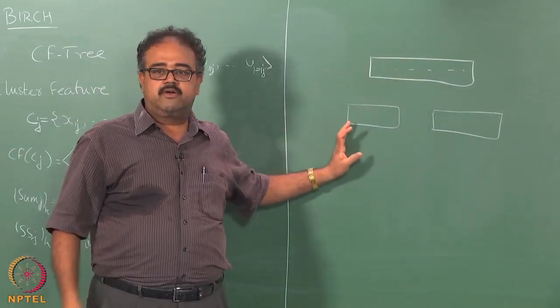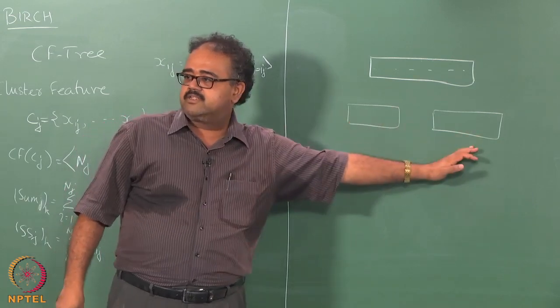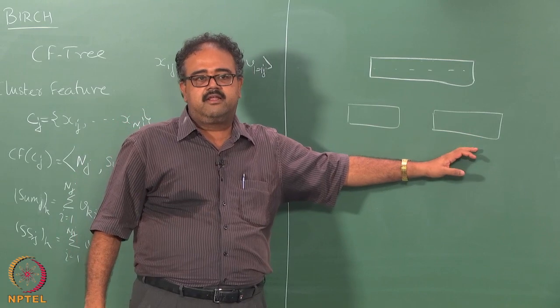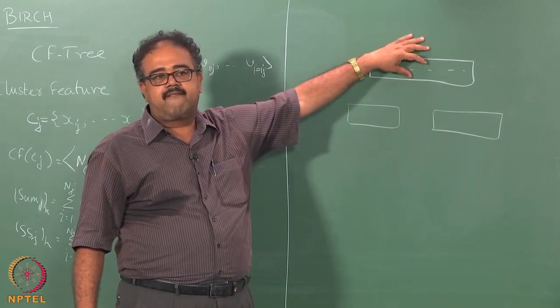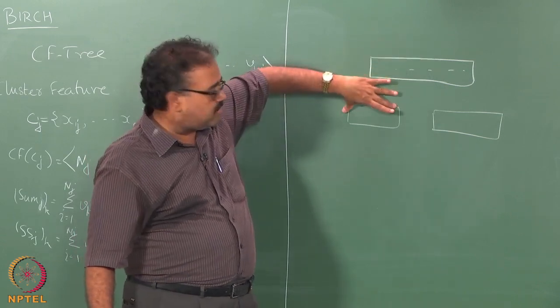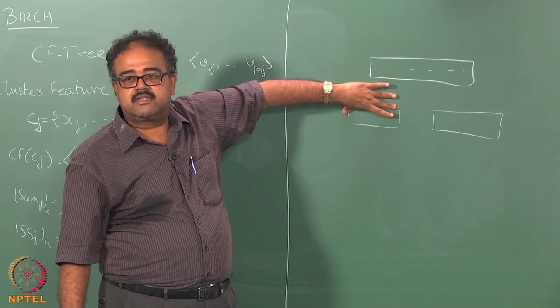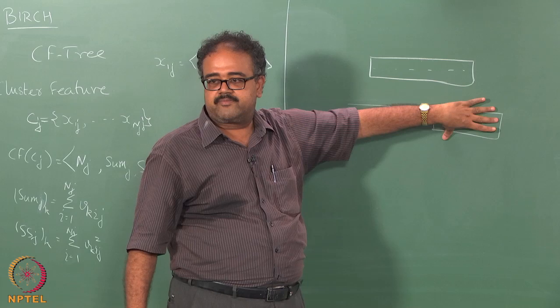So, some clusters will go here, and some clusters will go here, and what do I do in this place? I insert a new clustering feature that summarizes all these data points, okay.